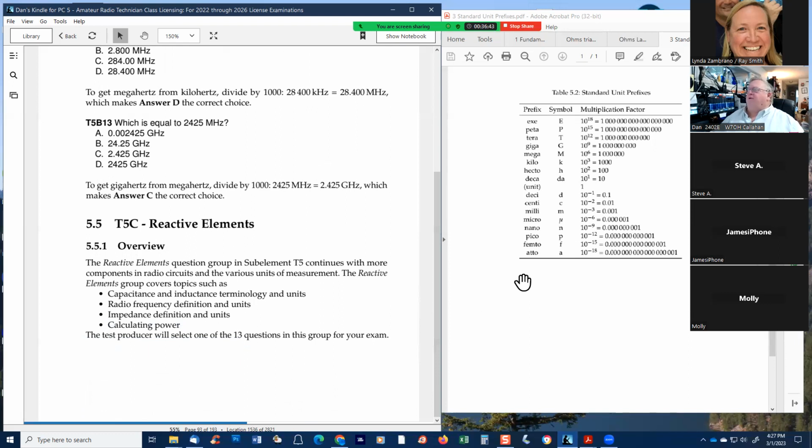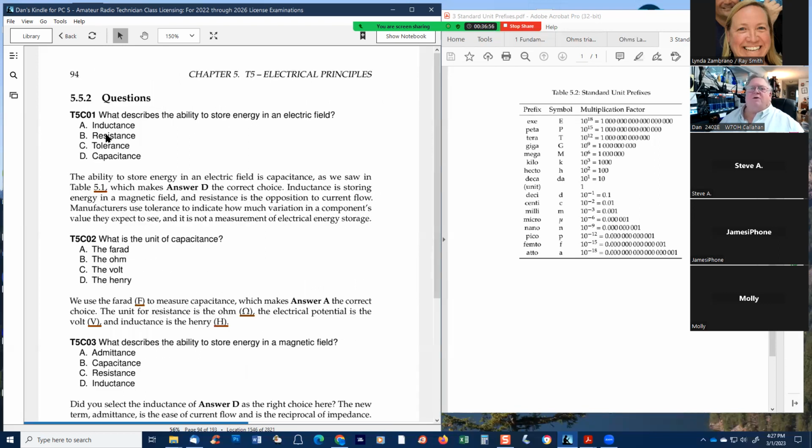Now reactive elements: capacitance, inductance, and radio frequency definition units, which we've kind of looked at in calculating power. What describes the ability to store energy in an electric field?